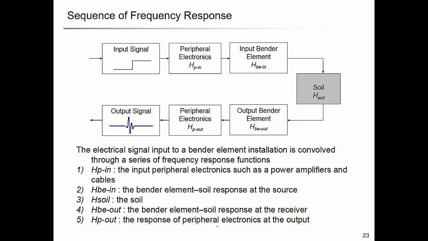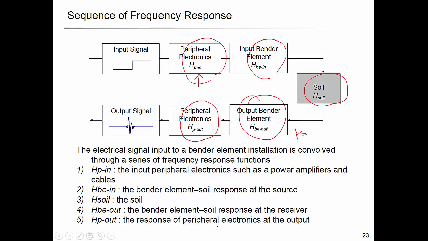So then, if there's an input signal, and if you know the impulse response of the peripheral electronics here, and the output peripheral electronics, and the input bender element and output bender element, and the soil, then the response captured in the oscilloscope will be H_P,in times H_bender element,in times H_soil times H_bender element,out times H_P,out times X_input.